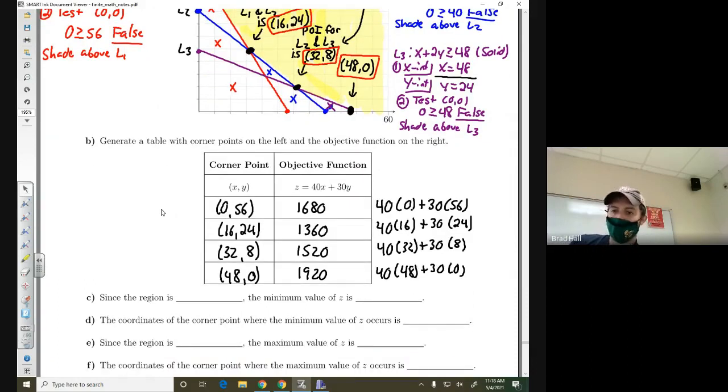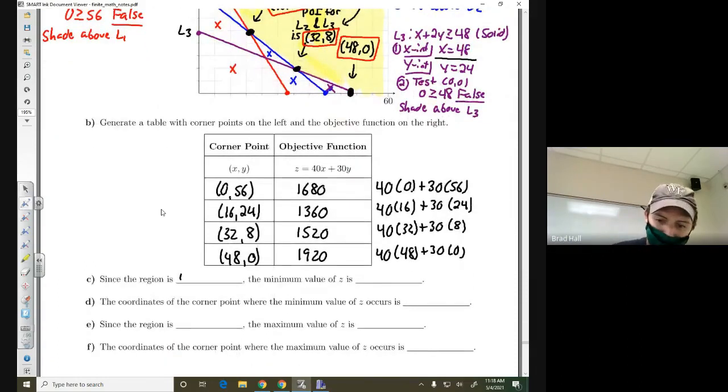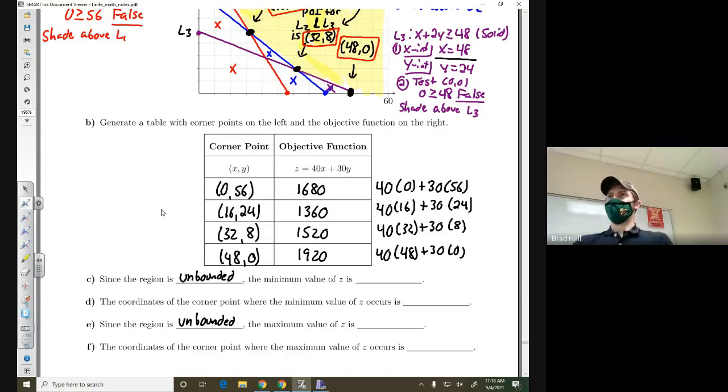So this unbounded characteristic, in fact, is going to be true for C and E. So it's unbounded no matter what. Now, the repercussions of unbounded: it doesn't affect minimum at all. Minimum is not affected here.